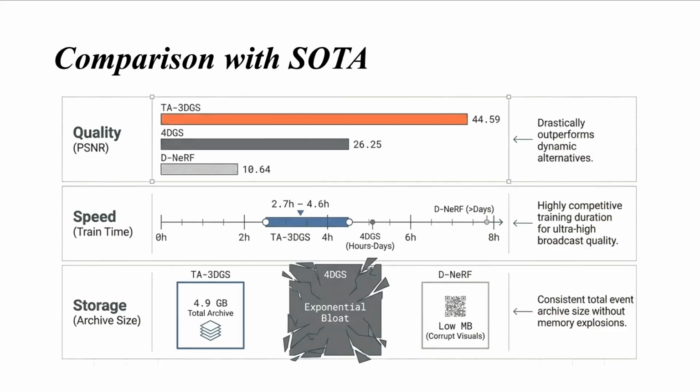In terms of quality, our method, labeled as TA3DGS, achieves a PSNR of 44.59, drastically outperforming alternatives. Our training speed is highly competitive, and most importantly, our memory footprint remains consistent compared to other approaches.